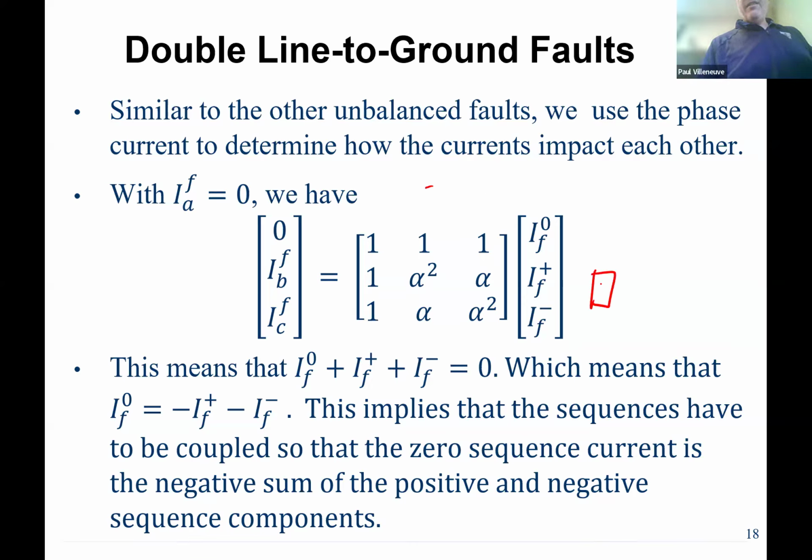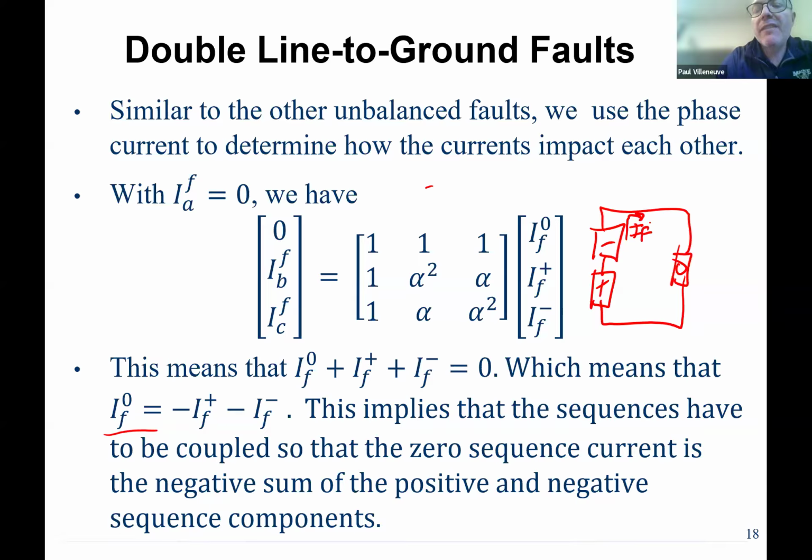Let's go positive, negative, and 0. Like that. Well, the problem with that, though, is we said that IF0 is going to be equal to the negative of IF plus minus IF minus. Over here, this is IF minus, right?